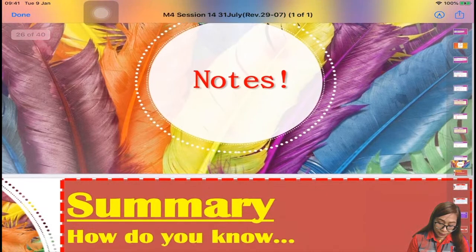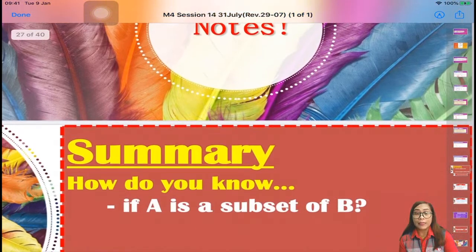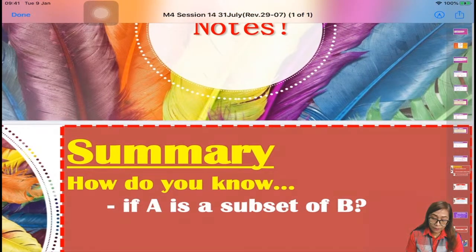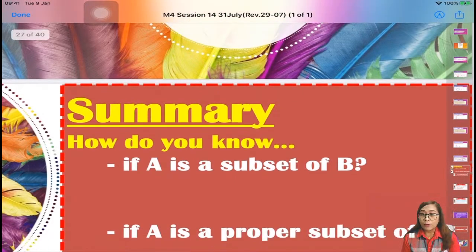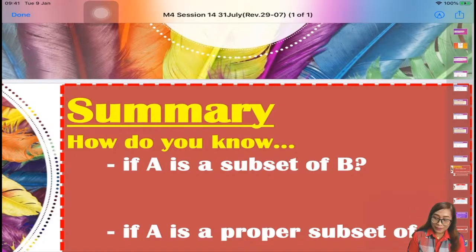Notes. For the notes, how do we know if A is a subset of B? Okay, who can answer? If A is a subset of B, the first one. What do you have, students?